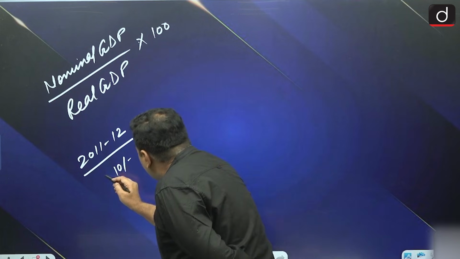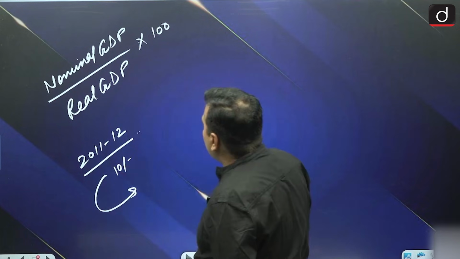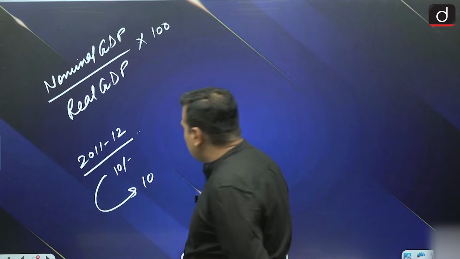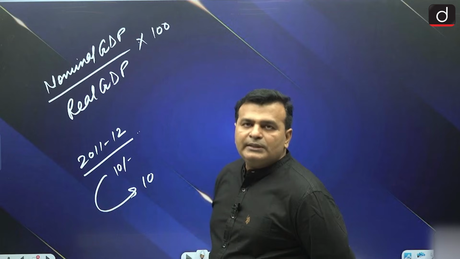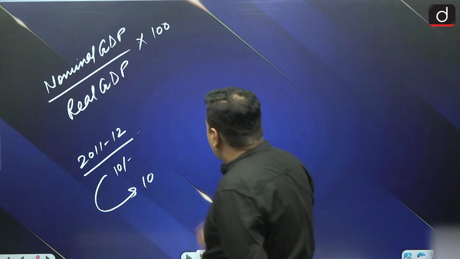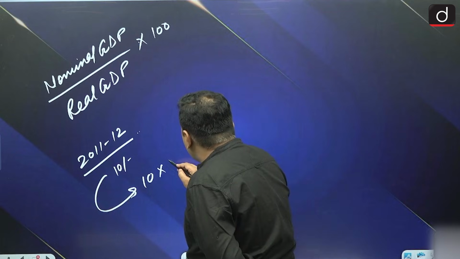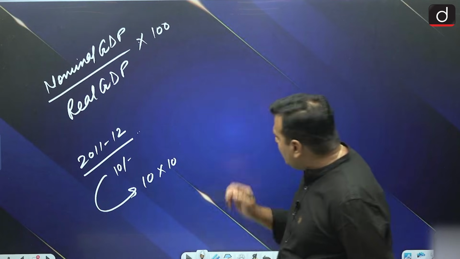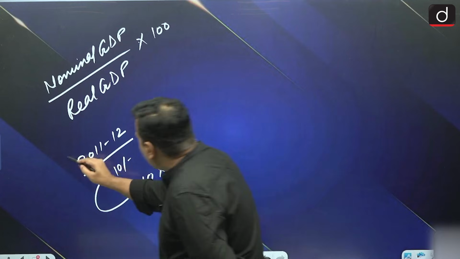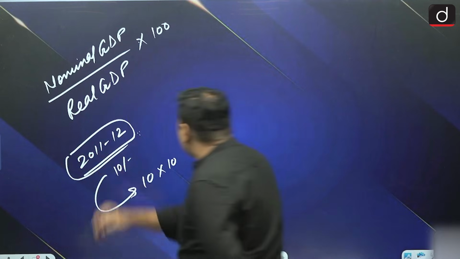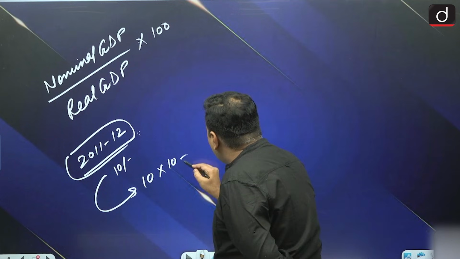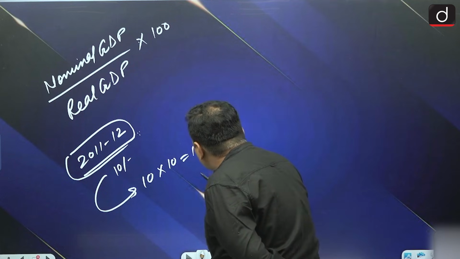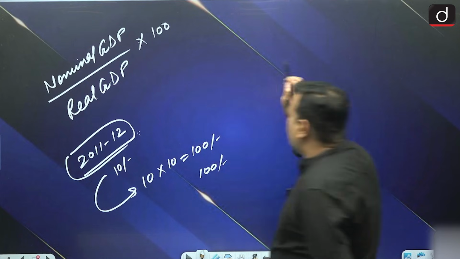So let us assume that in 2011-12, India produced only 10 cars and nothing else was produced in the country. And the price of one car was 10 rupees. So here in this case, for this financial year, the nominal GDP will be 100 and even the real GDP will come out to be 100.